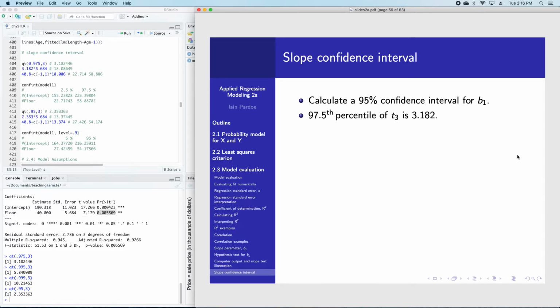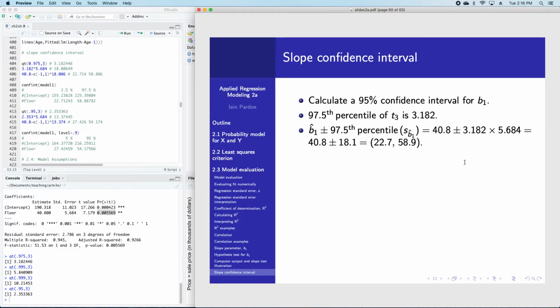I'm going to use the 97.5th percentile of the t-distribution with 3 degrees of freedom because I want 95% confidence. So that means if I was to have 2.5% in each tail, I would have 95% in the middle. And so the percentile that I need has to be the percentile that has 2.5% in the upper tail. So that's why there's a 97.5th percentile here.